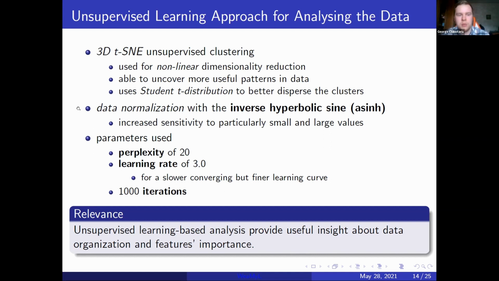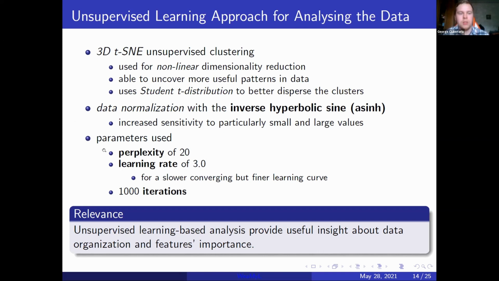Then the data we have, we normalize it by transforming with the inverse hyperbolic sine in order to increase the sensitivity to particularly extreme values. Also, the parameters that we used are perplexity, learning rate, and iterations. The perplexity refers to how clustered we expect data to be.